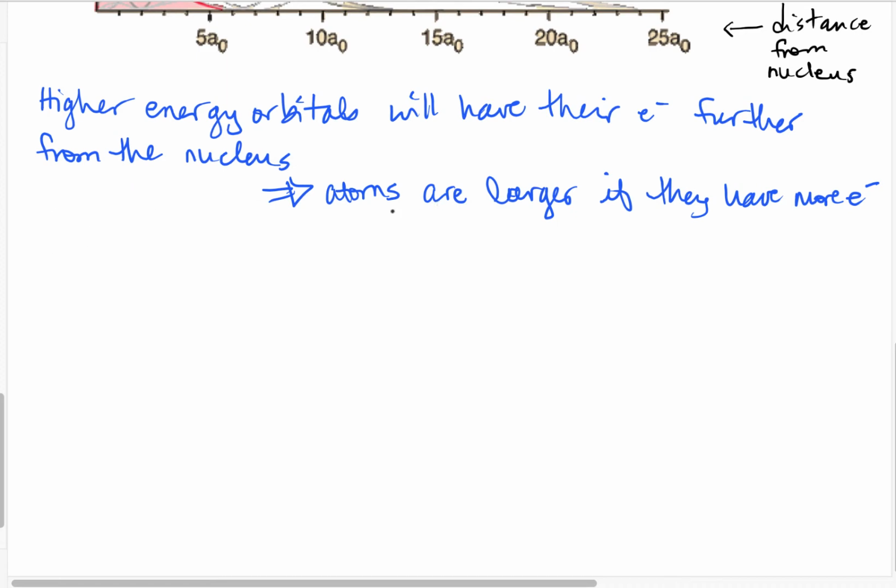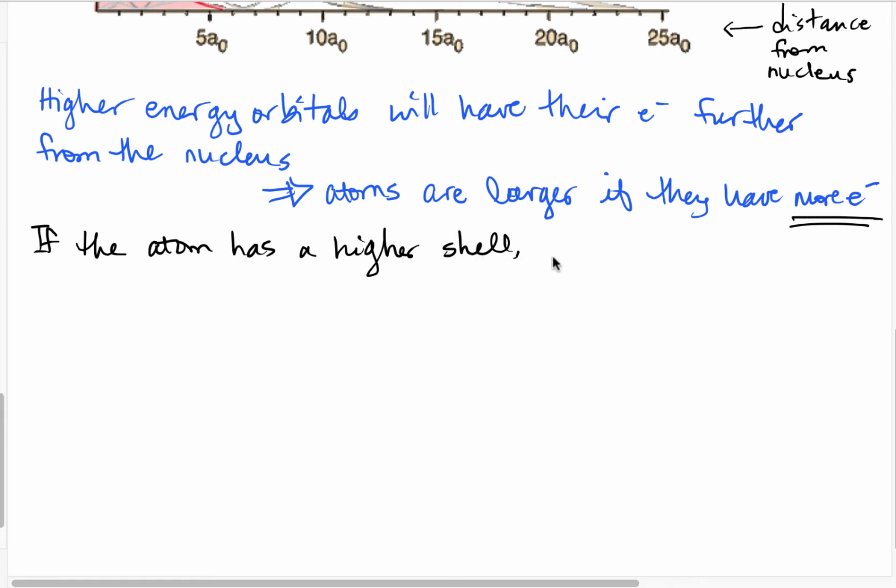The short way for us to think about this is not so much just about if they have more electrons, but if the atom has a higher shell, the electrons will be further away from the nucleus.